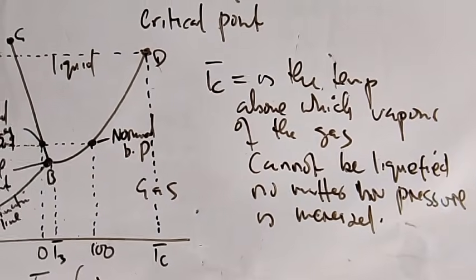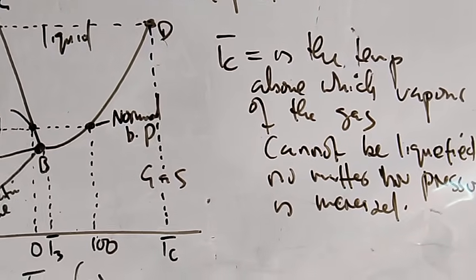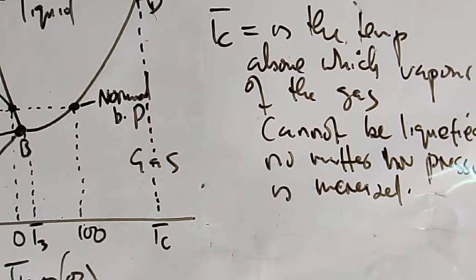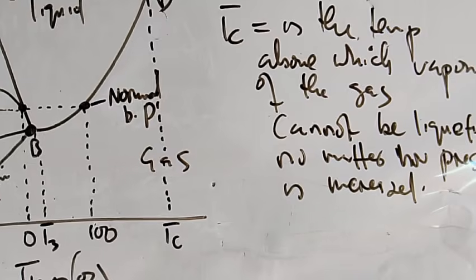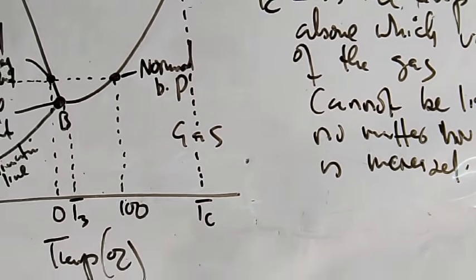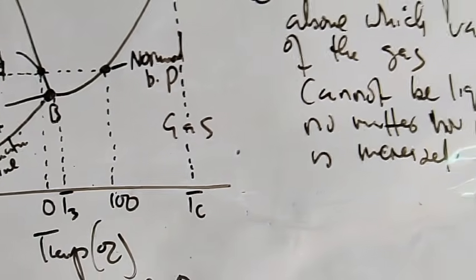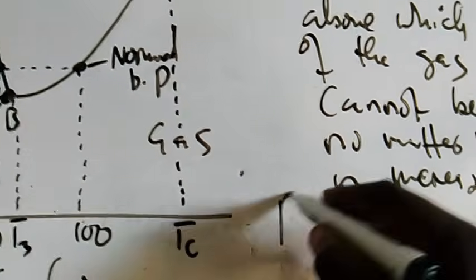Okay, that is the TC, critical temperature, a temperature above which vapor of the gas cannot be liquefied no matter how much pressure is increased.